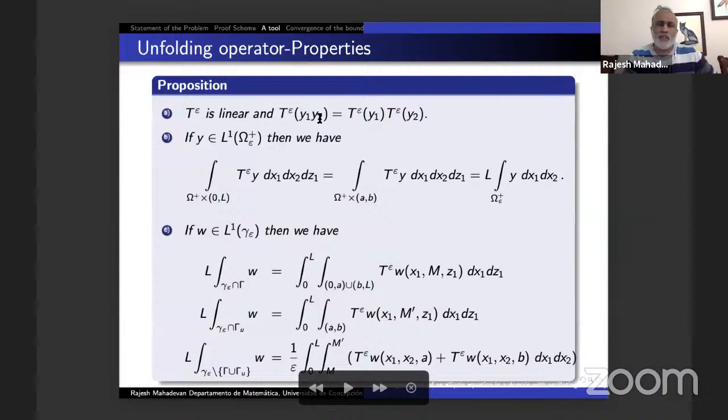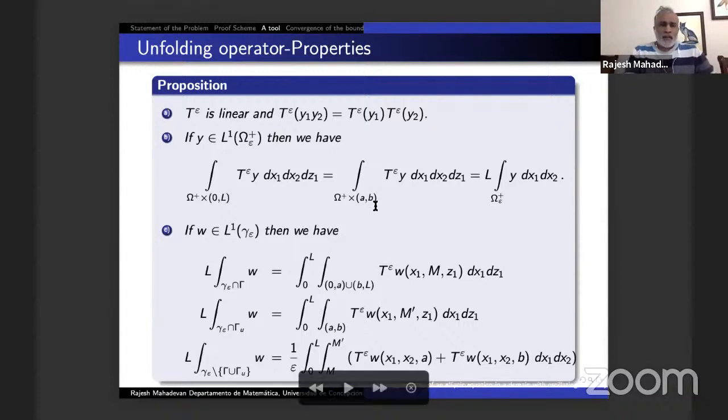It also converts products into products, and the other important property is that the integral of the unfolded function T epsilon y on this unfolded domain is the same as the integral of the original function multiplied by a factor L, L being the length or the volume, as the case may be, of the cell.